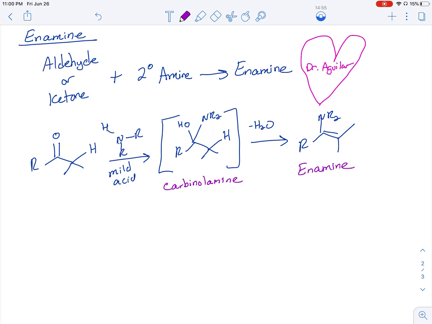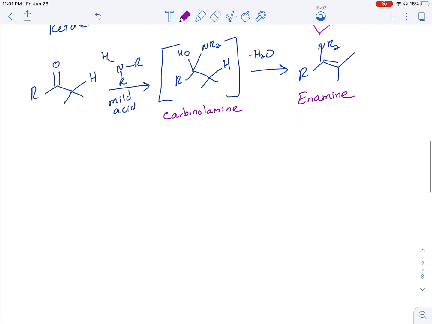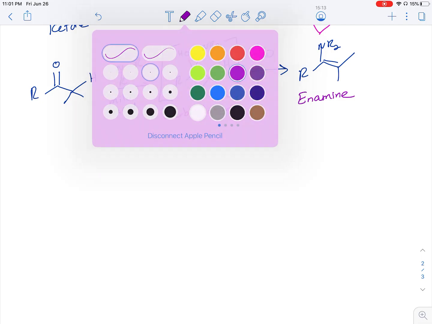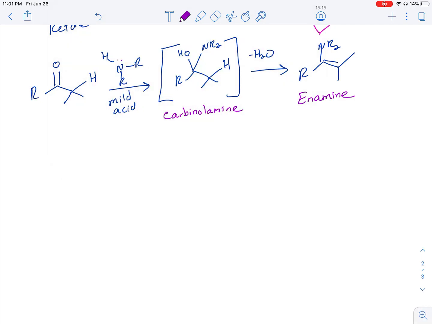I think you'll realize that the mechanism is pretty similar, right? Pretty similar to the imine formation, but with just a small few differences. So with that said, if we were to push our electrons here, right? This nitrogen is going to come and attack this carbon. We form a bond to that carbon.